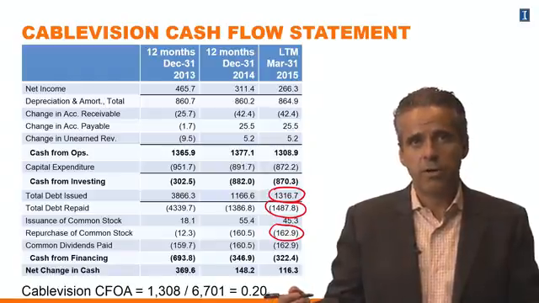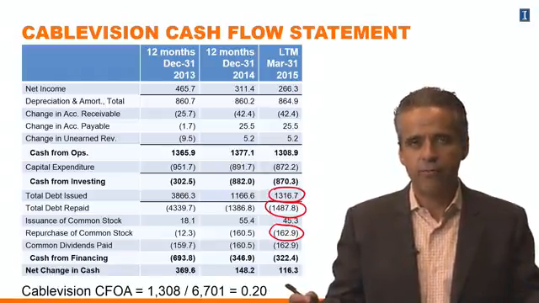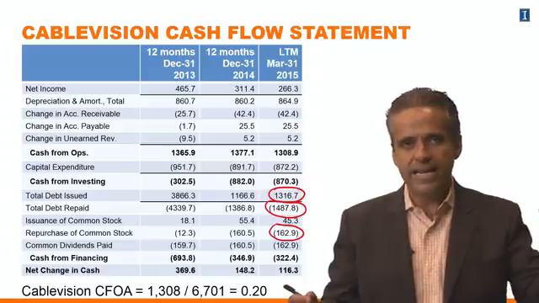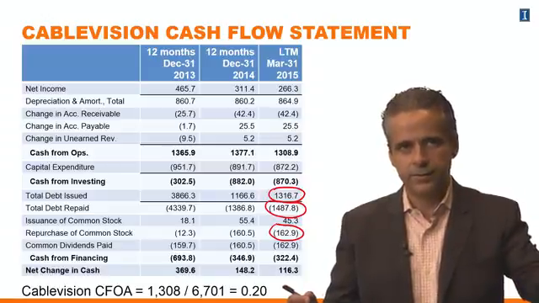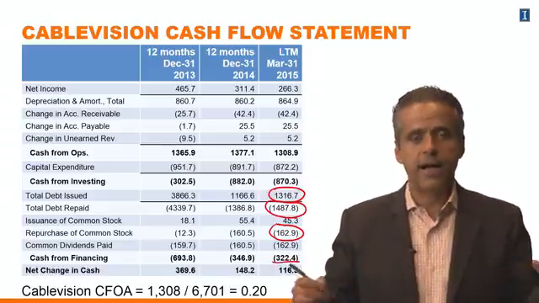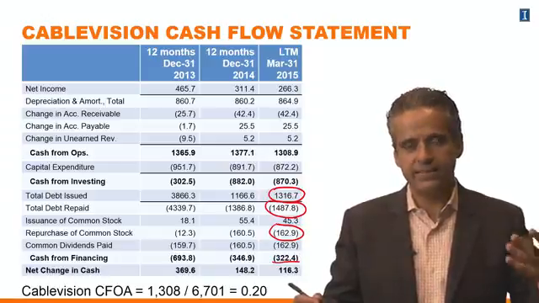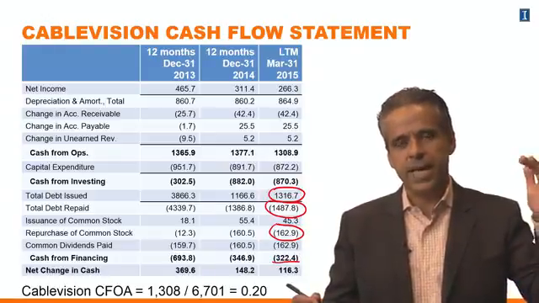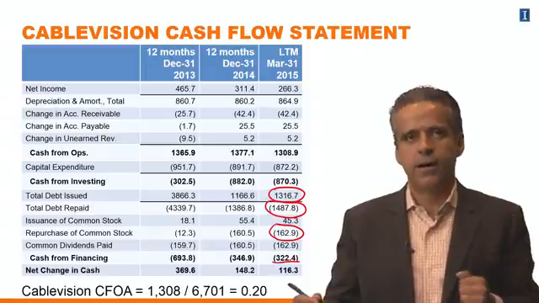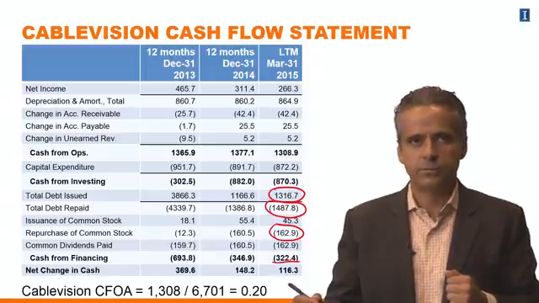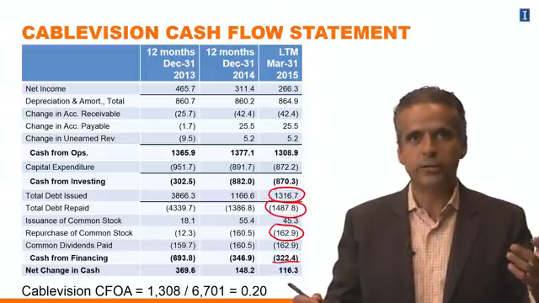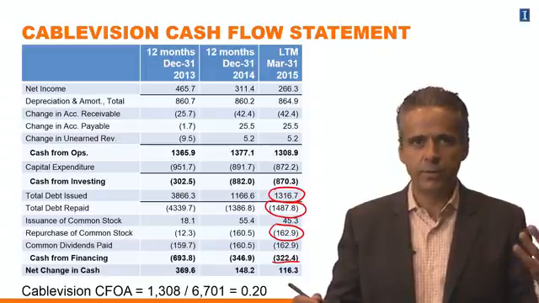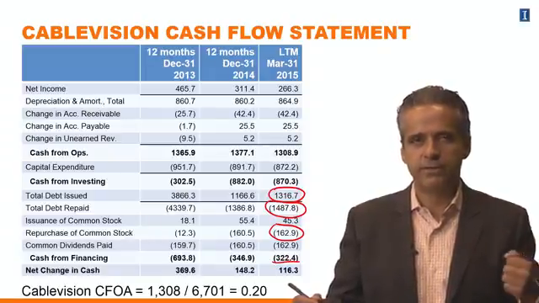So on average, in the latest 12 months, there was no new financing entering the company. The net amount of cash from financing is negative, meaning that Cablevision actually paid out cash to investors, which is a common situation for US companies these days. We're going to talk more about that when we discuss our assignment.